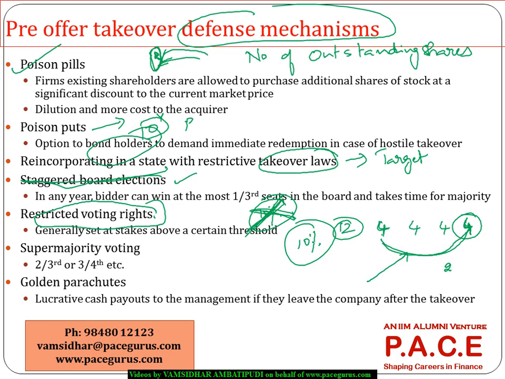You don't have any voting rights involving the day-to-day performance of the company. You are an investor in the company and you don't have any other kind of voting rights. So that is what we are calling restricted, so that a tender offer kind of thing does not come into picture, especially when there are restricted voting rights.